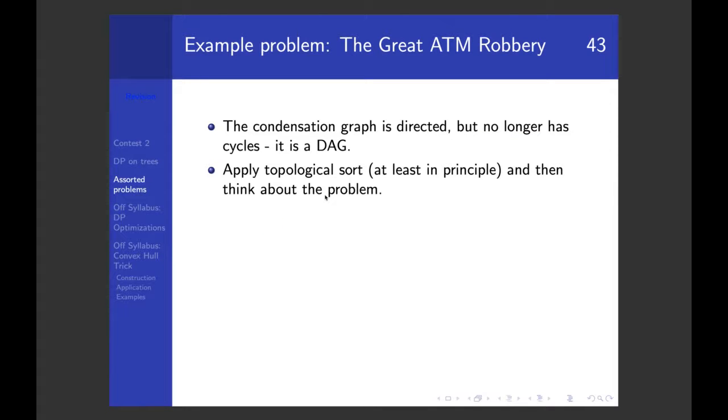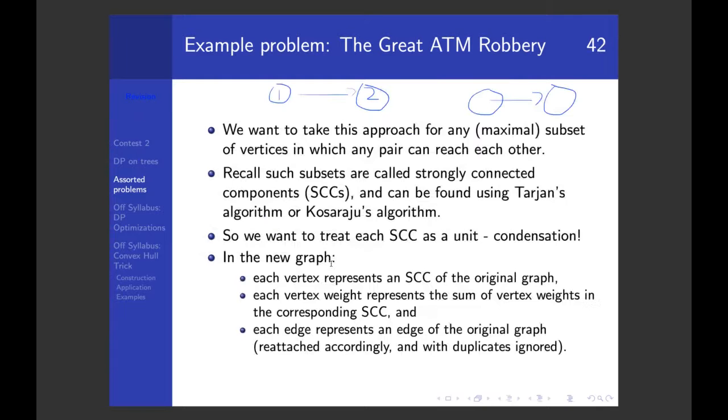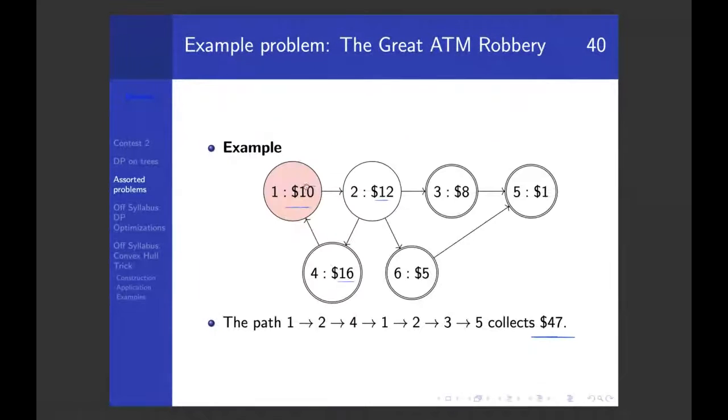And so here's an example. This is like the example from before. If I go way back to the example here, we've compressed these into one node with weight 10 plus 12 plus 16, 38.